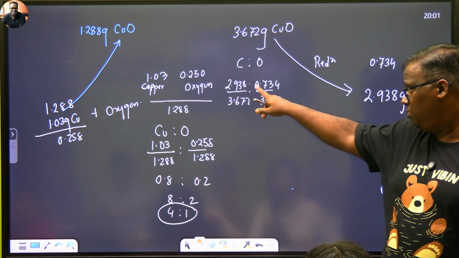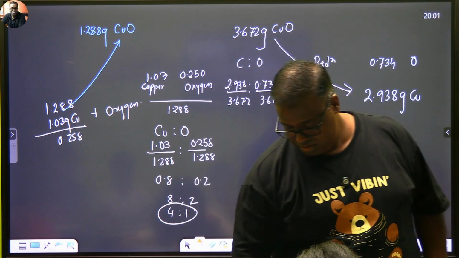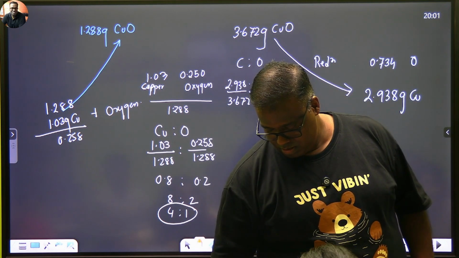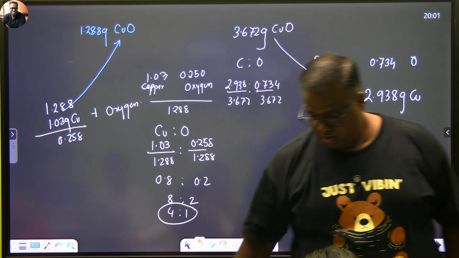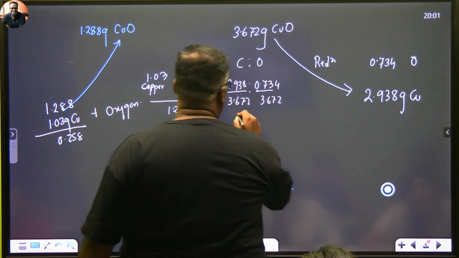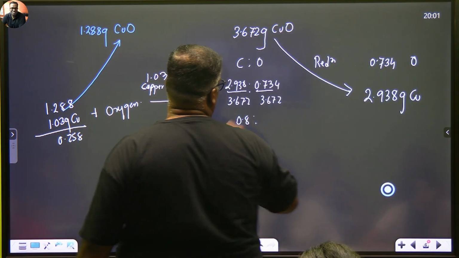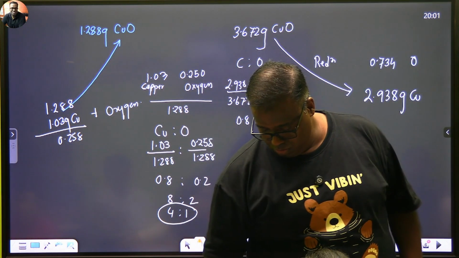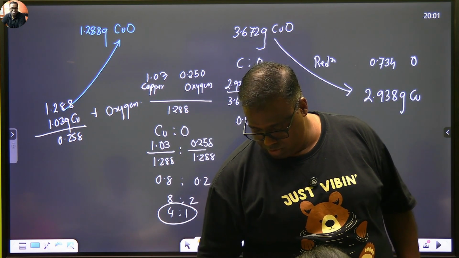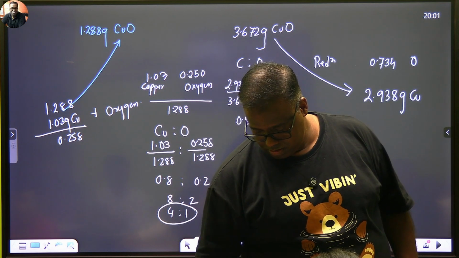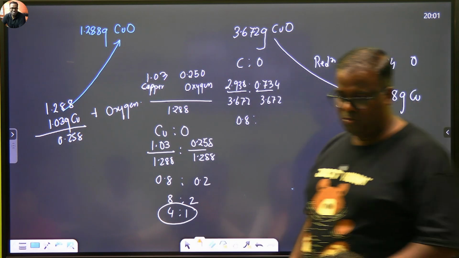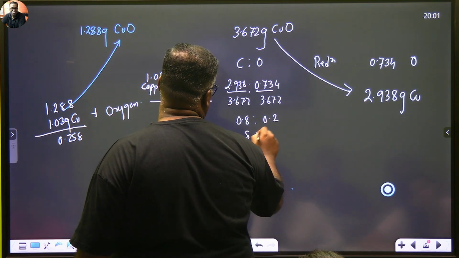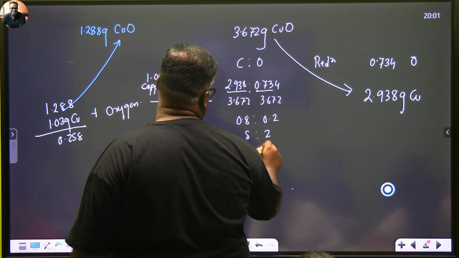Tell me, narrate me this part. 2 point divided by, this is 0.8 is to 0.734 divided by 0.199, which is 0.2. So roughly this is also 8 is to 2, which is 4 is to 1.